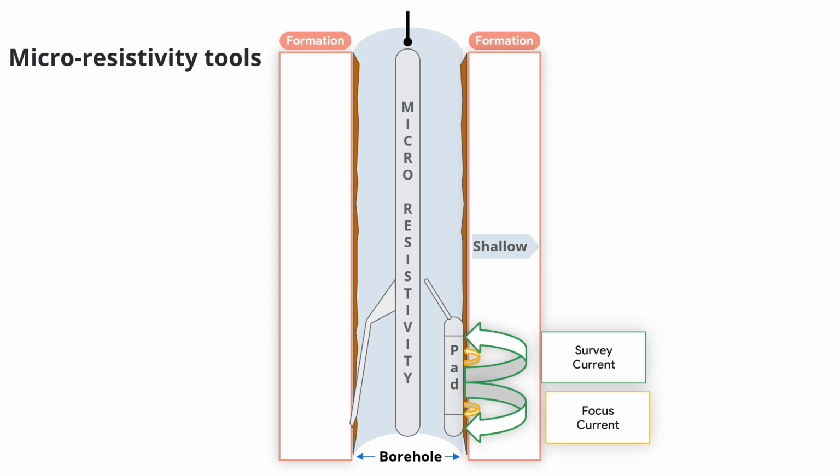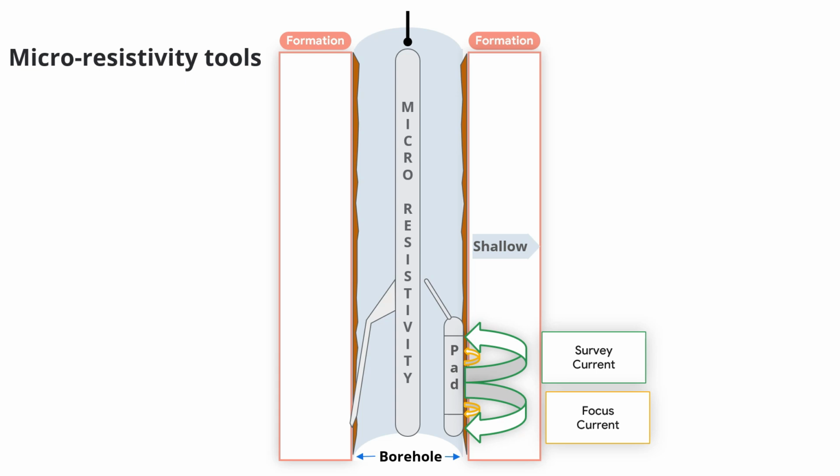The way this tool works is basically injecting a current using an electrode that is mounted on a pad. The idea behind using a pad device is to keep contact with the borehole wall and create the conditions for this injected current to travel through the flushed zone. But again, injecting a current usually implies that the current will flow the path of least resistance and will travel through the borehole or the tool housing.